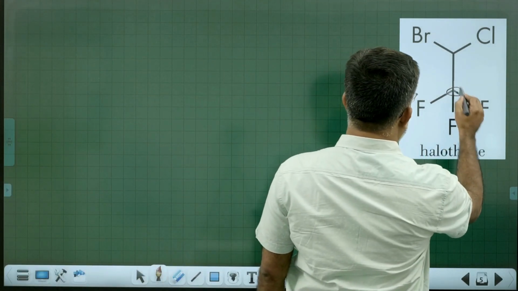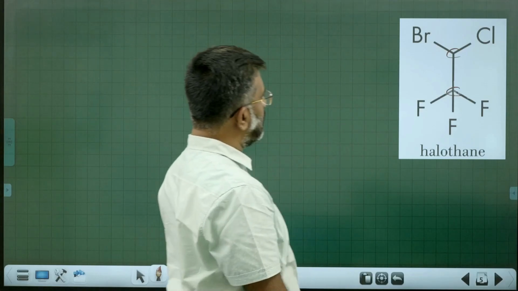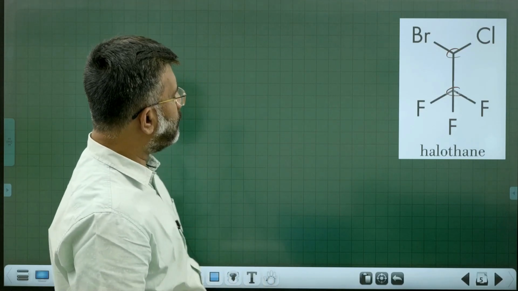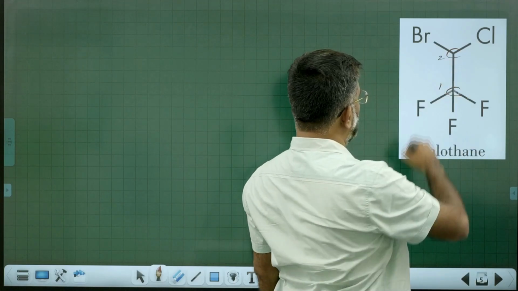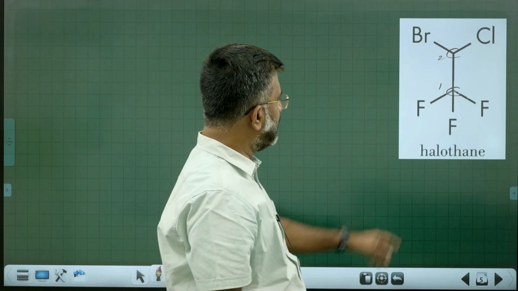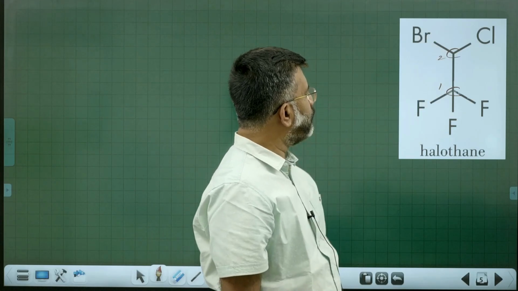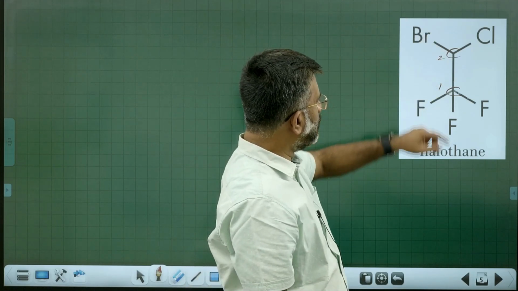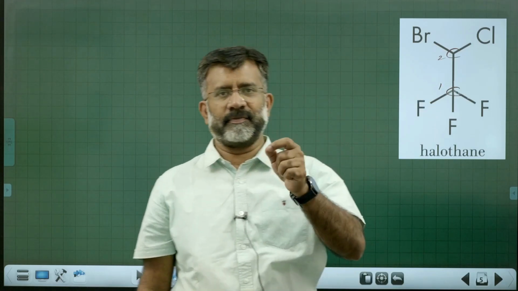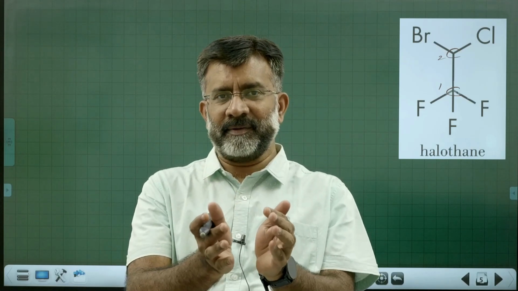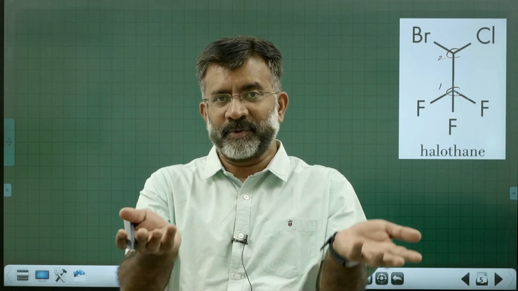This is carbon and this is also carbon, which will get the carbon number 1. Since there are 3 fluorine atoms, we can give 1, 1, 1, 2, 2. And the molecule is 2-bromo-2-chloro-1,1,1-trifluoroethane. Right? Since it is a simple molecule, isn't there a chance of asking the IUPAC name?